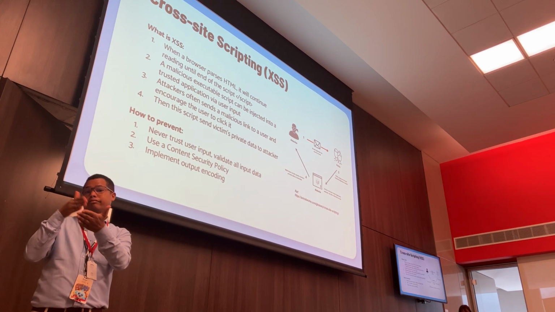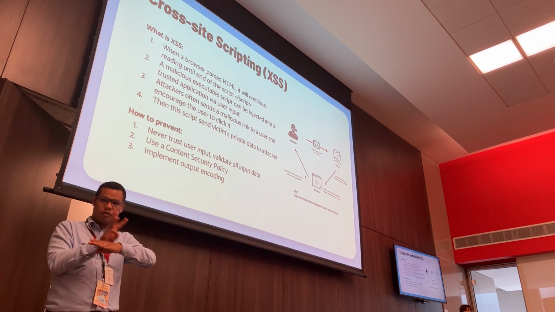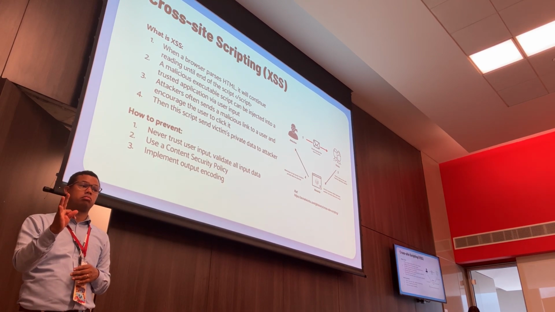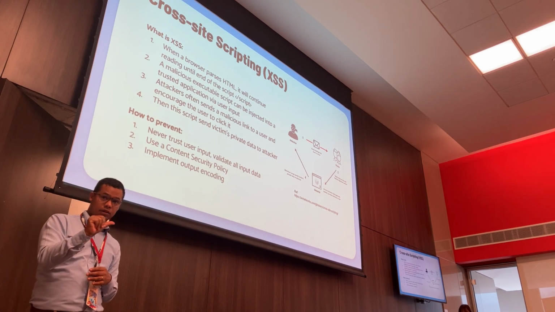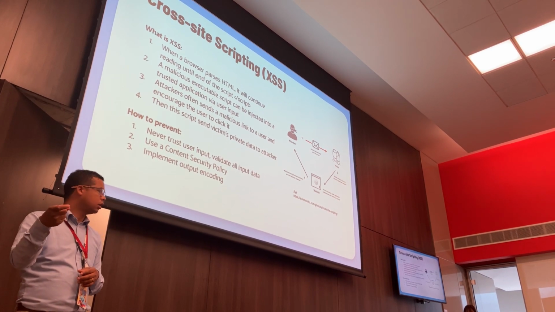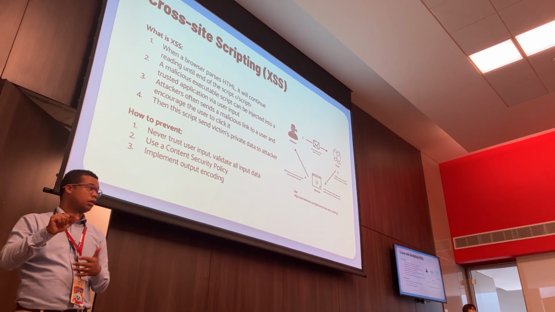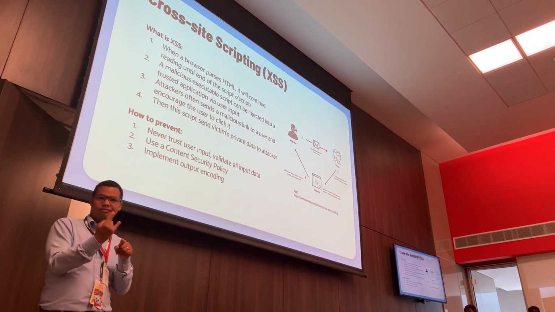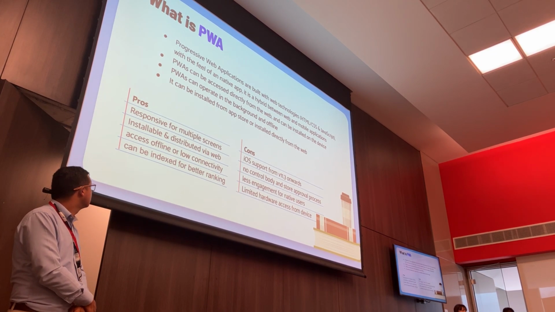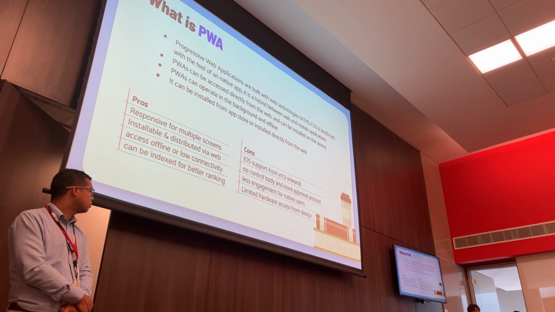When we build a website, we should never trust any user input. We should validate all our input data, use a content security policy and implement output encoding as well. So we make sure that things we get from the user are validated. That's a very high-level view of what a single-page web app looks like.